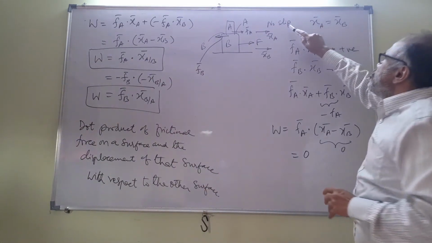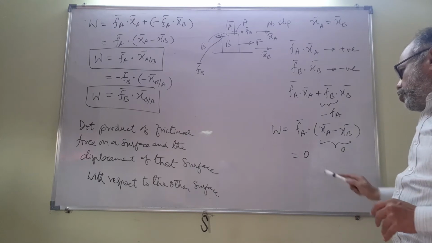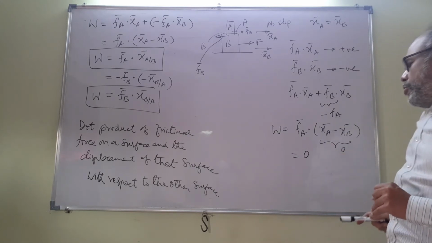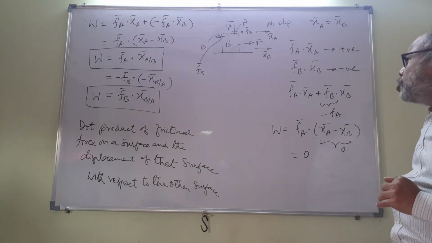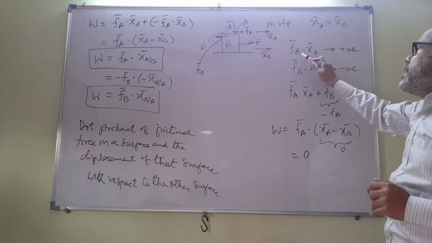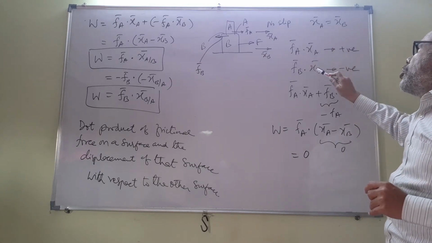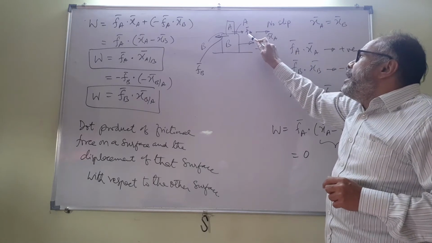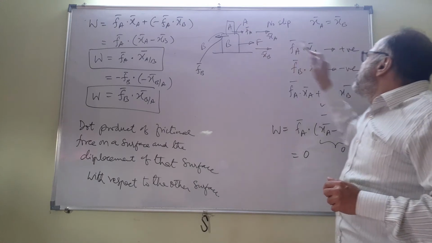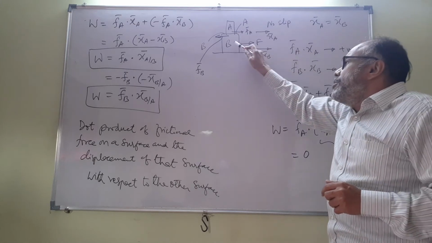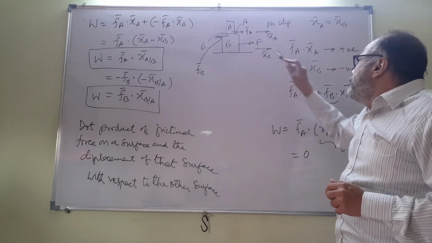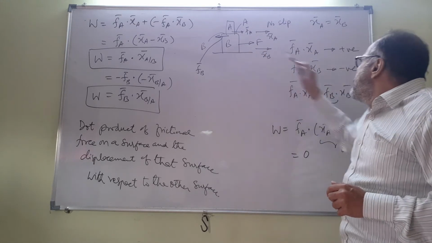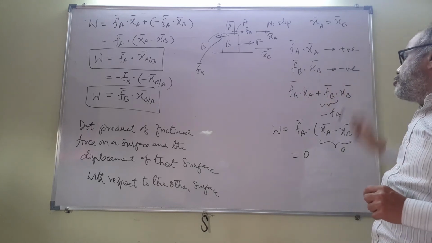Since we are saying there is no slip, XA equals XB, the total work done by friction is 0 and there is no heat loss. However, the individual works are not 0. The work by FA on A is positive, the work of FB on B is negative. Both these add up to 0.